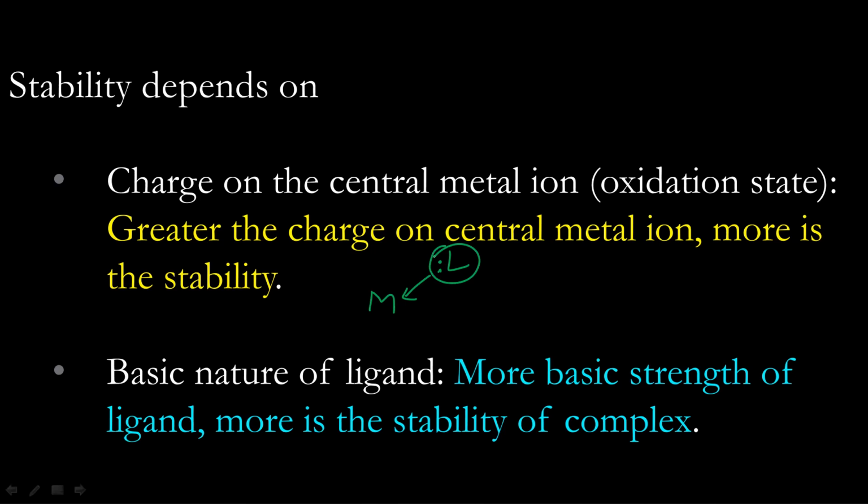Acidic means accept the electron, basic means donate the electron. So if the ligand is more basic, the complex will be more stable, because it will form a coordinate bond. Otherwise, it will not form that strong covalent coordinate bond.